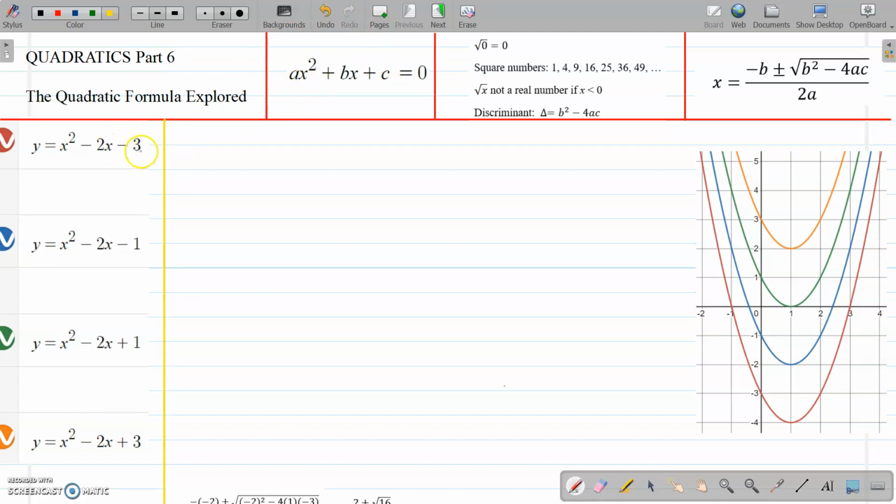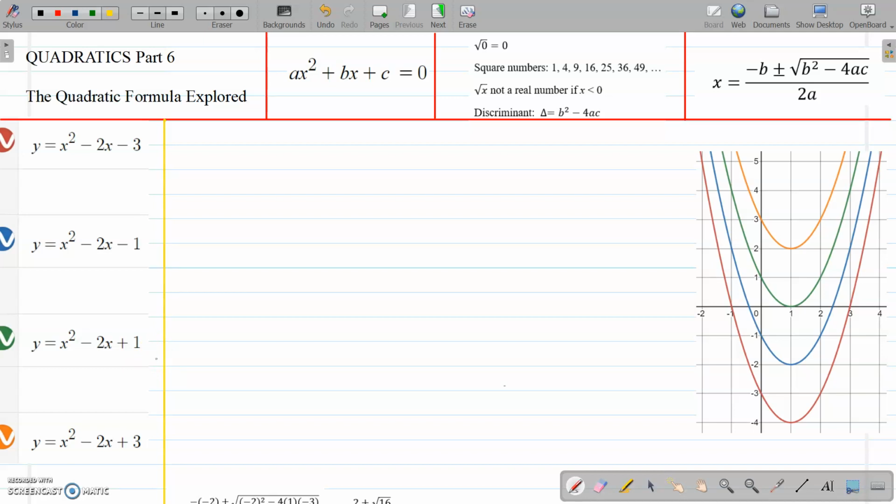In the first one, c is -3, and you will notice that its graph intercepts the y-axis at -3. The second one, -1, intercepts at -1. The third one, +1, intercepts at 1, and so on. So the effect of changing c is to translate the function vertically up or down.